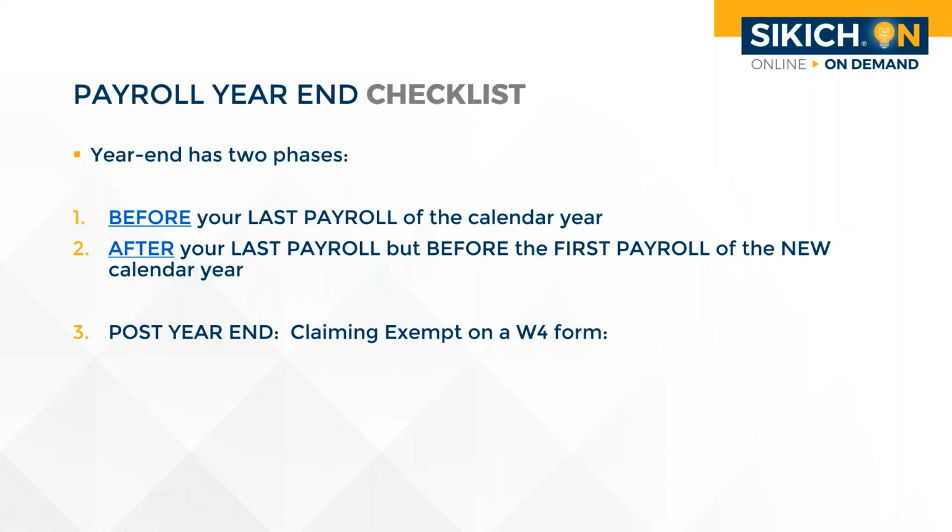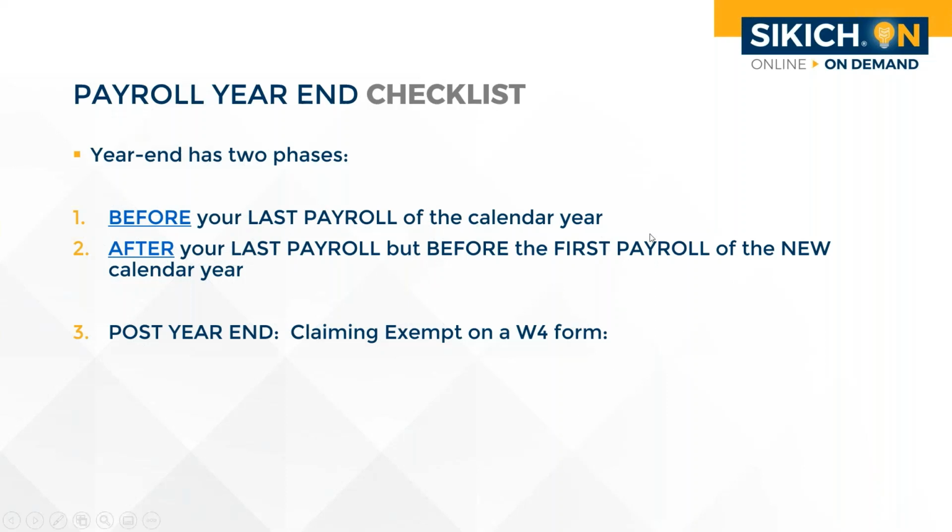Basically, this program is divided up into 3 unique phases. Even though year-end has 2 phases, I've added on what I call my post-year-end phase. So phase 1 is, what are the things that we should be doing now before the calendar year ends? What are the things that we want to accomplish before December 31st to obtain our greatest levels of accuracy? Then phase 2 is, what do we do after the year ends?